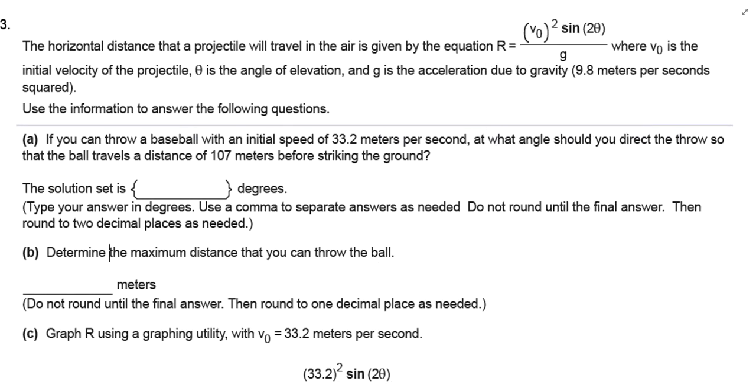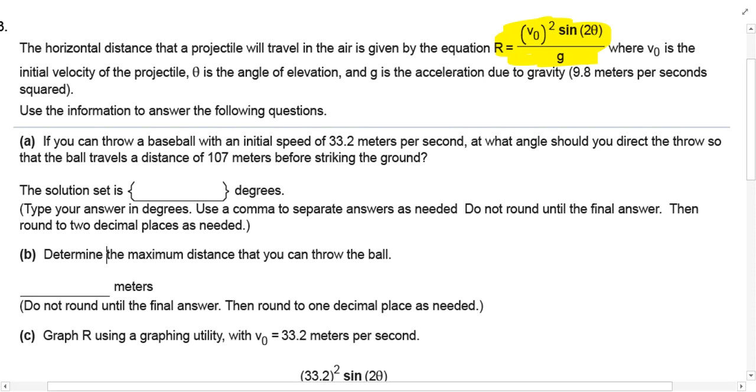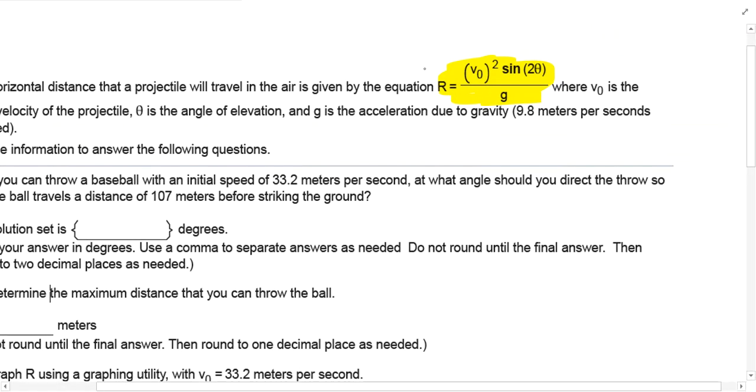In number 3, we're given the horizontal distance that a projectile will travel in the air by this particular equation. Now, the letters might be a bit misleading. I'm not entirely certain if they are or not. R in this case actually stands for the horizontal distance that the object will travel.